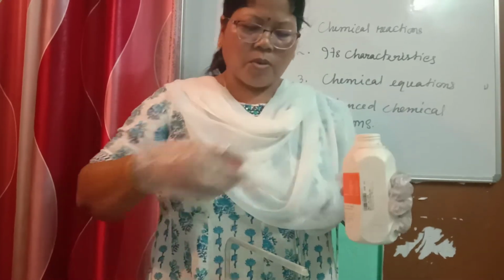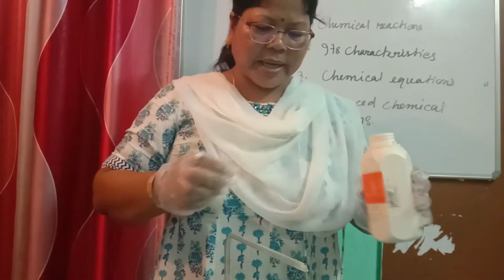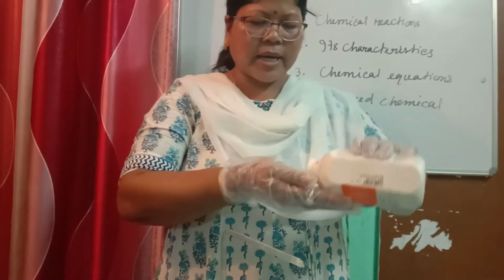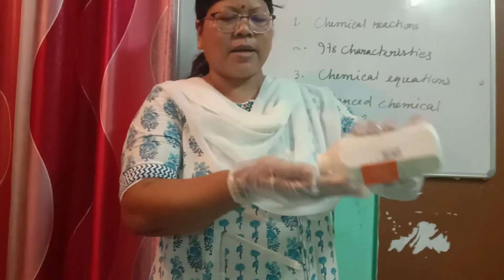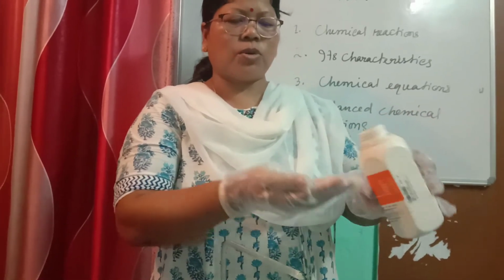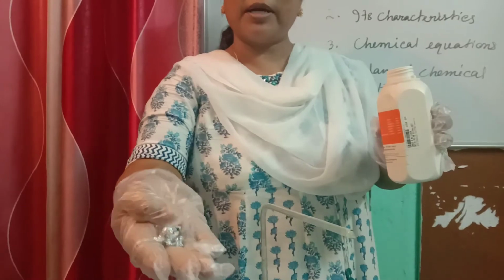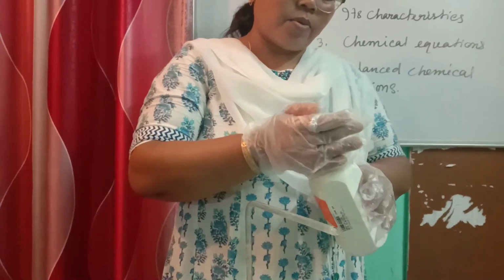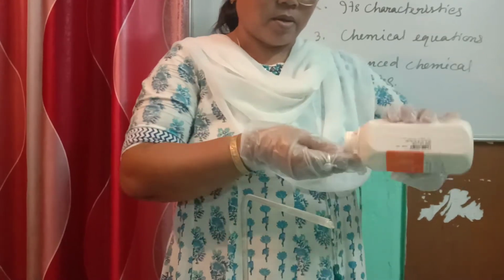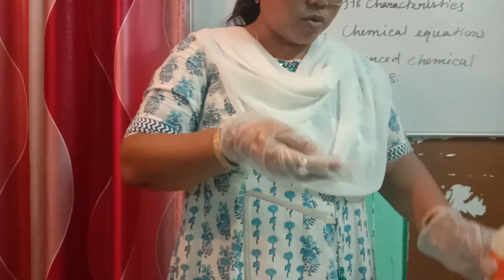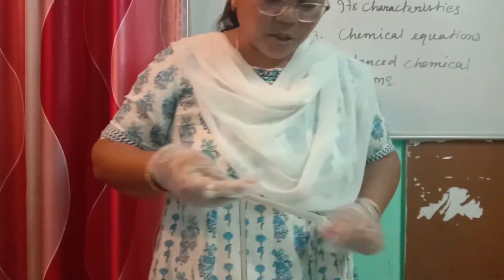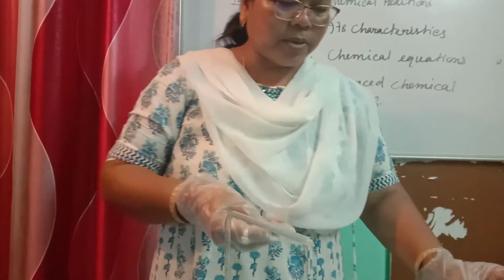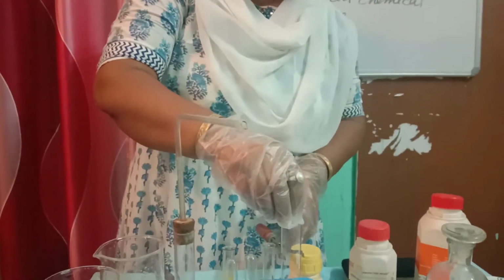That means we are making the reaction between zinc granules, zinc, and dilute sulfuric acid. So this is a zinc granule. Take 2-3 pieces of zinc granules and add them to the dilute sulfuric acid.